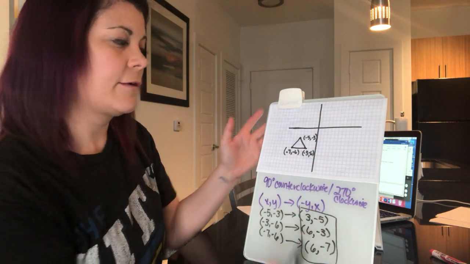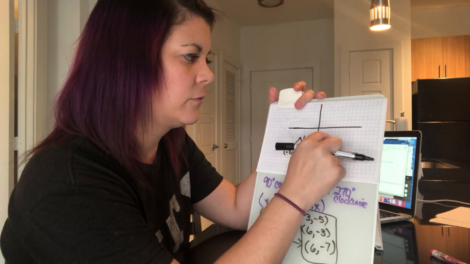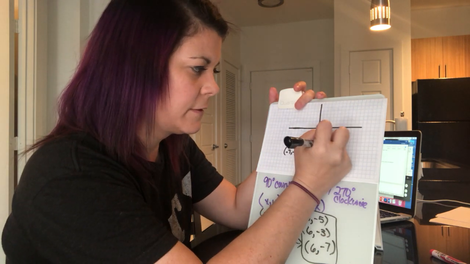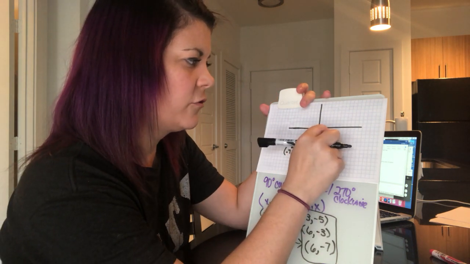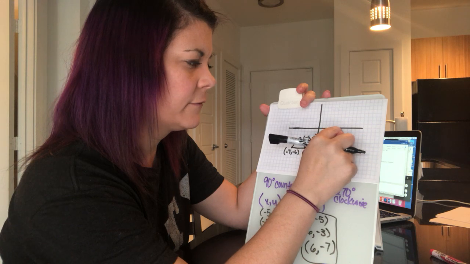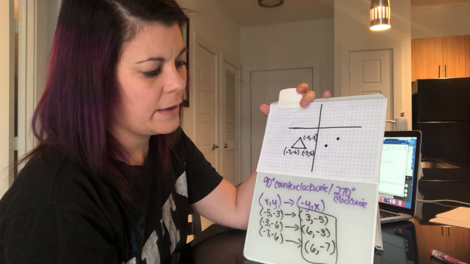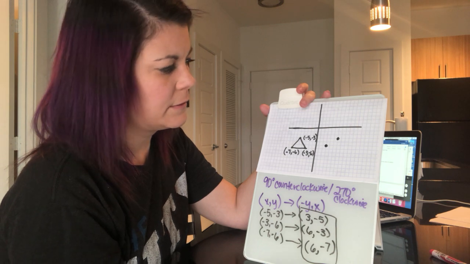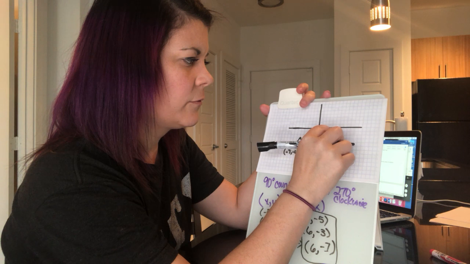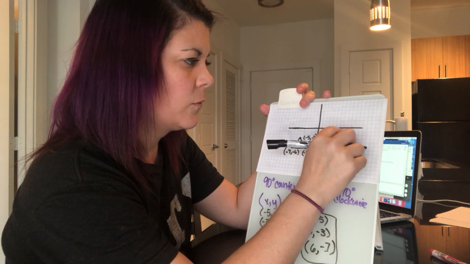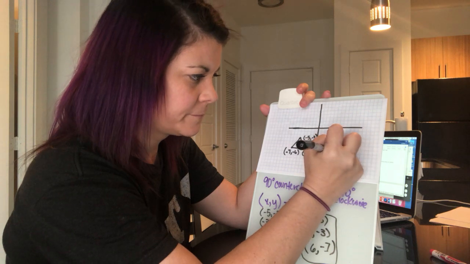So (3, -5): 1, 2, 3, then 1, 2, 3, 4, 5 is that one. (6, -3): 1, 2, 3, 4, 5, 6, then 1, 2, 3, right there. And (6, -7): 1 through 6, then 1 through 7.